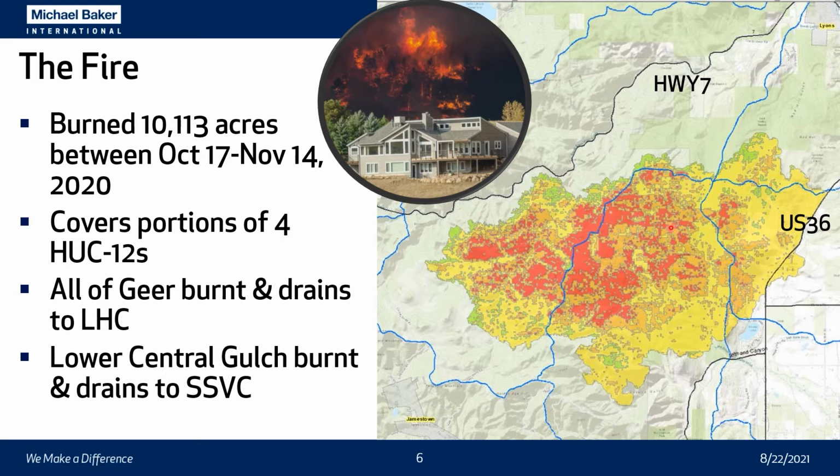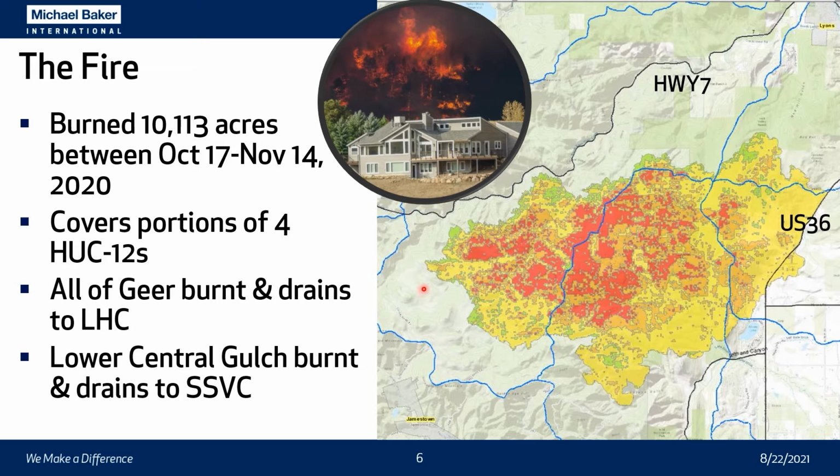So you get a very quick, flashy response coming down into Left Hand Creek here, whereas Central Gulch burned the middle portion, but not the upper portion, which was interesting because when we were looking at inflow hydrographs coming into South St. Vrain here, we'd see a dual peak. That's because you get a flashier response from the middle and then a slower response up here because this had higher Manning's n and lower curve number.